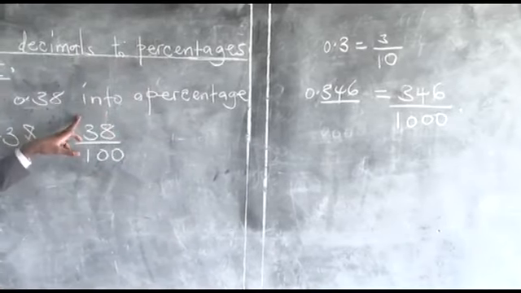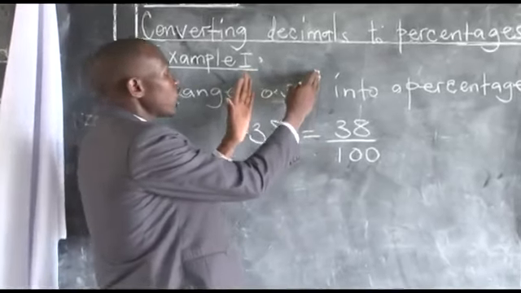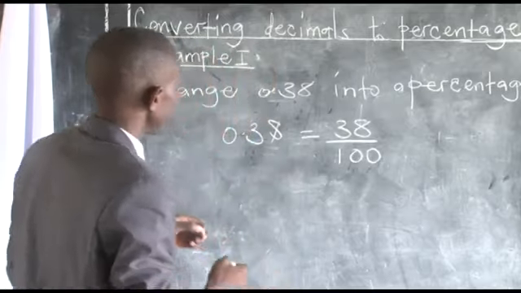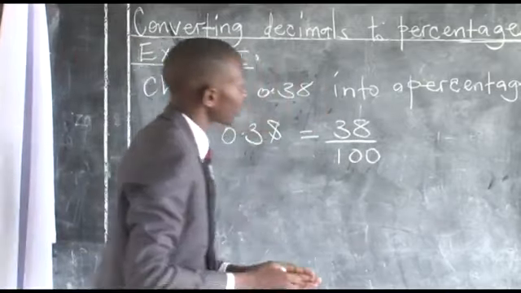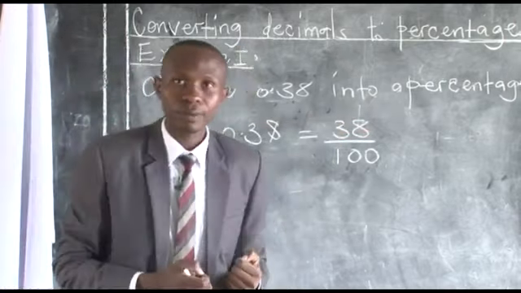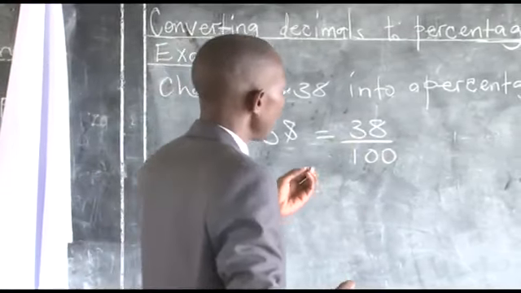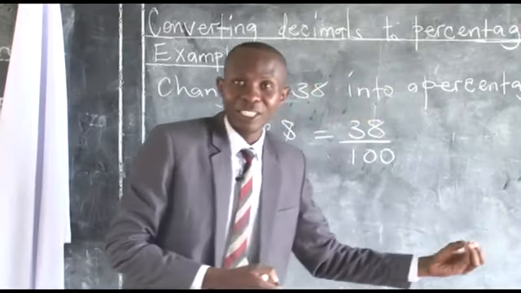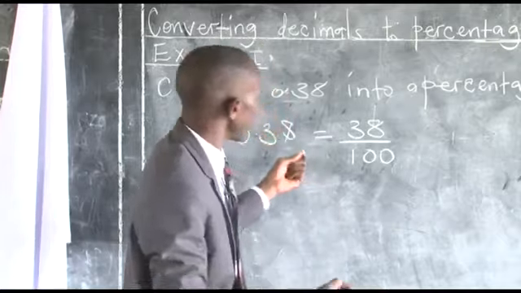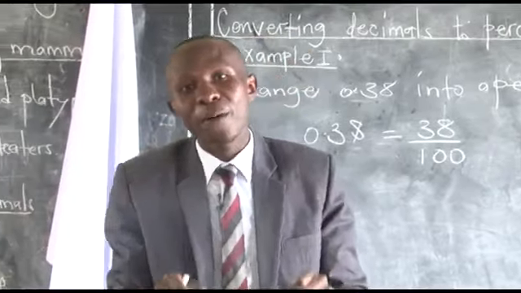Okay. Let's come back to our number. So we have expressed this decimal as a fraction. After expressing this decimal as a fraction, let's look at the question. What does it want us to do? They want us to express the decimal fractions as percentages. So if we're expressing a decimal as a percentage, after changing our decimal into a fraction, we are going to multiply by the original percentage.